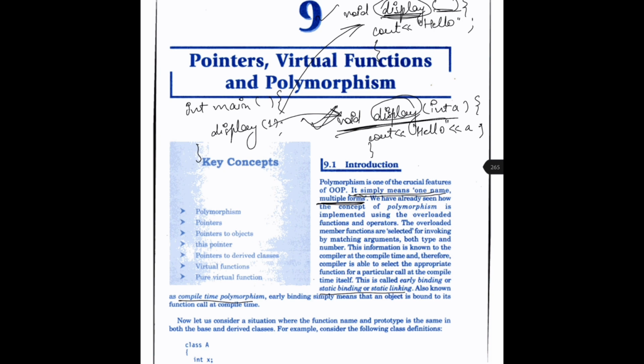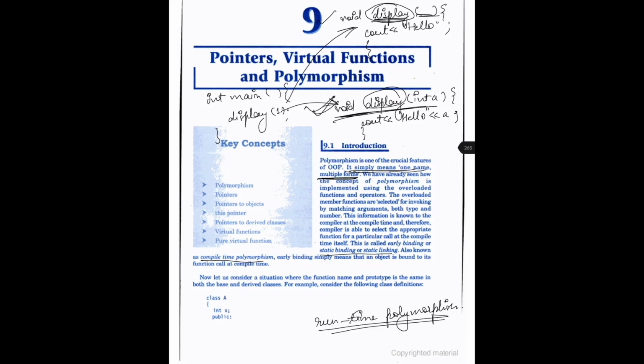Now there is another kind of polymorphism which is known as runtime polymorphism. So we want that instead of compile time, at the runtime, the compiler will be able to distinguish between different forms of the same function. So for example, if I have a parent class A which has a display function. Now this parent class has, let's say, three subclasses B, C and D, and all these subclasses have their own display function.